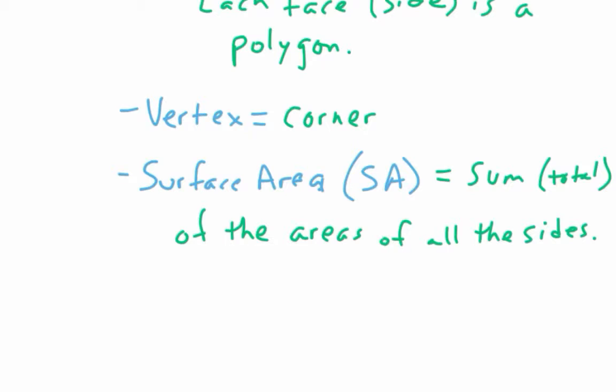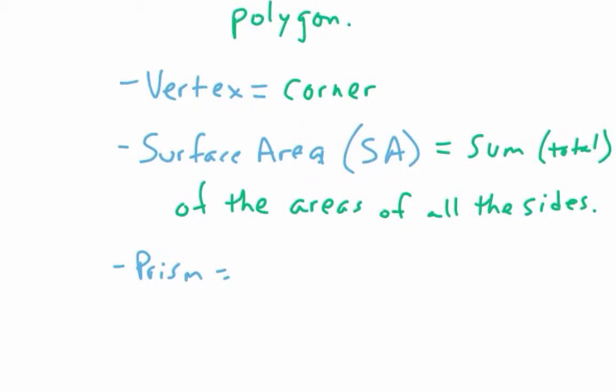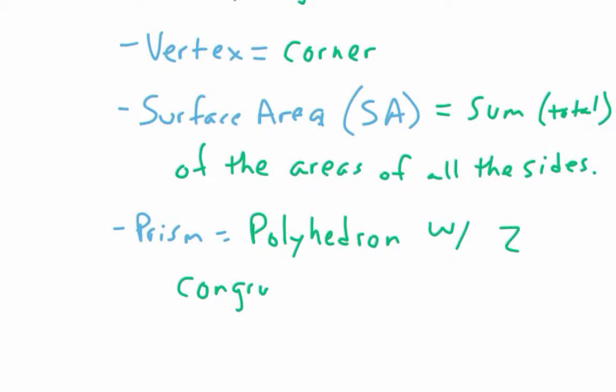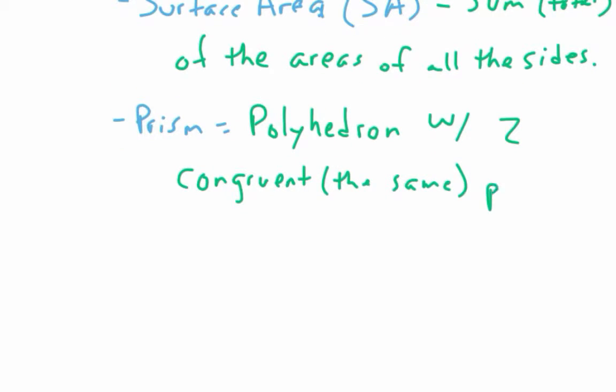Still good? All right, so then prism is the next one. So a prism is going to be a polyhedron with two congruent or two parallel faces. So it's going to be a polyhedron, a 3D object that has all the surfaces being a polygon with two congruent, and by that we just mean that they're the same, they're identical, parallel faces.